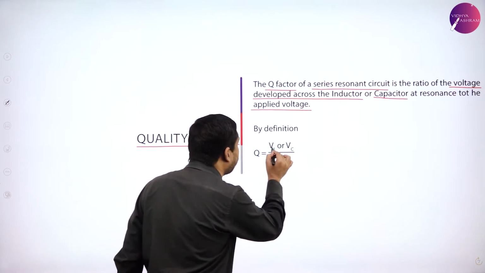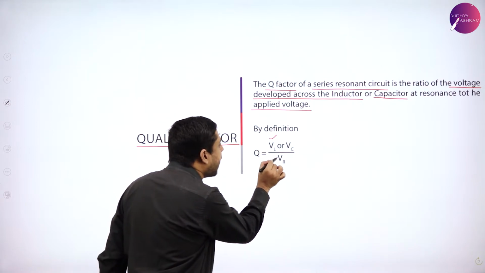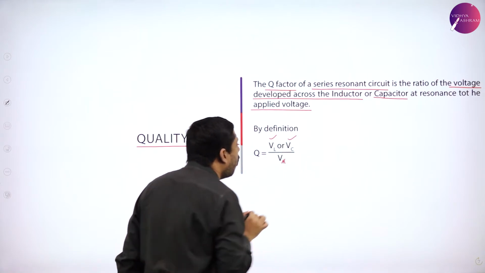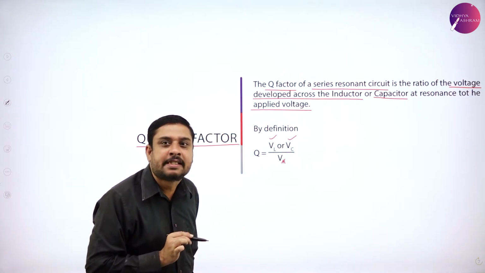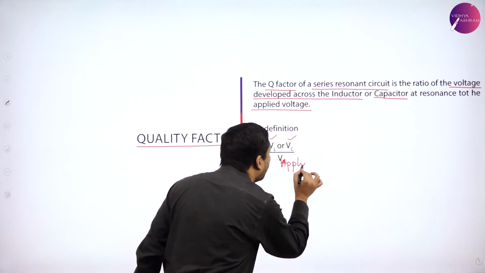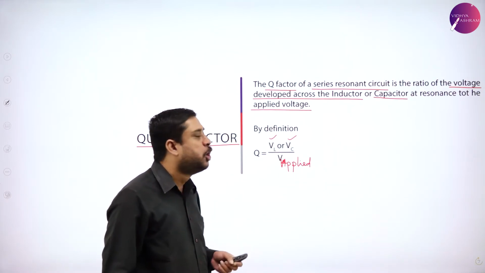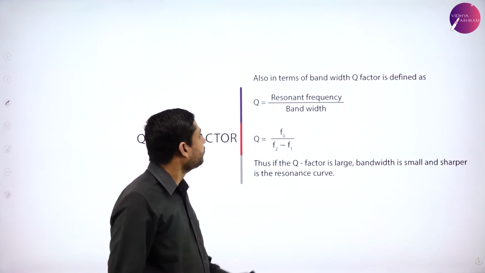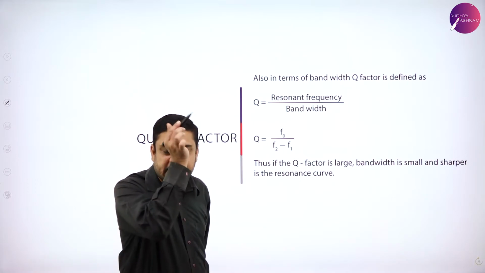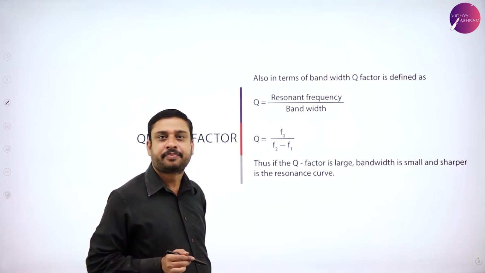So Q factor is VL, that is the voltage across the inductor, or voltage across the capacitor, to the applied voltage, whatever voltage you apply. But this definition precisely gives us what the quality factor is.